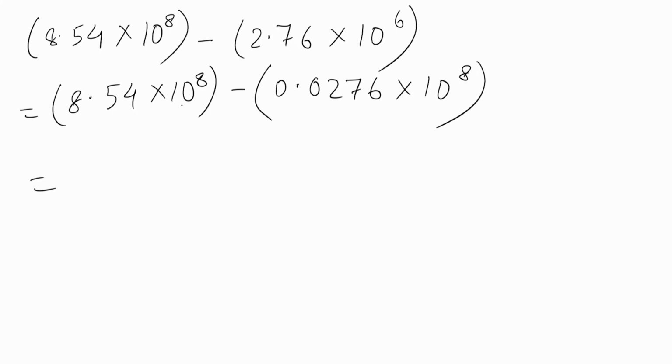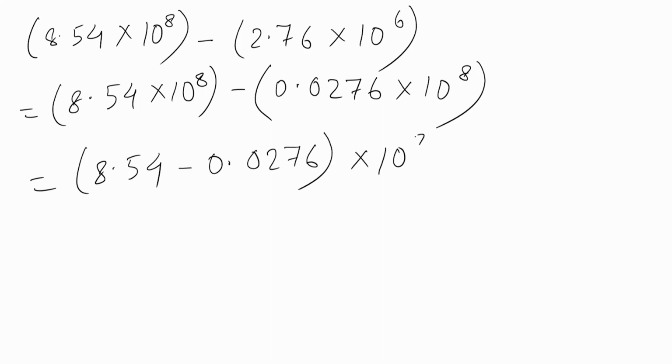So we can now take 10 to the power 8 as common, and we can write 8.54 minus 0.0276 into 10 to the power 8. So we get the result as 8.5124 into 10 to the power 8.